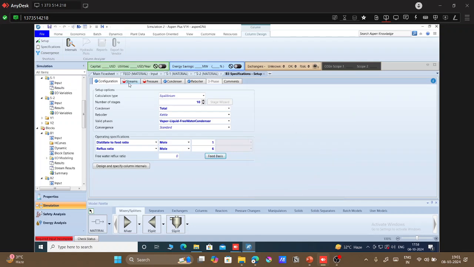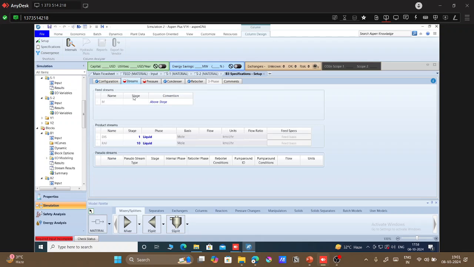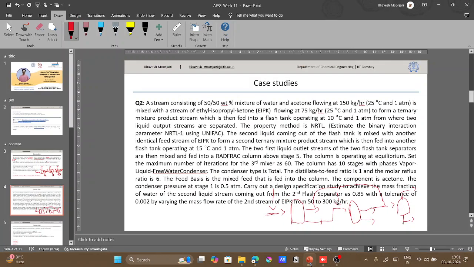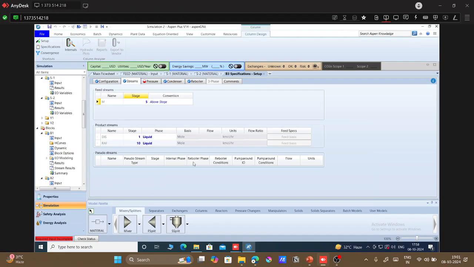Now the other details that we have to provide: this mixture is entering above stage number 5, as has been mentioned in the problem statement. The column is operating at equilibrium. The maximum number of iterations for the third mixture is 60.